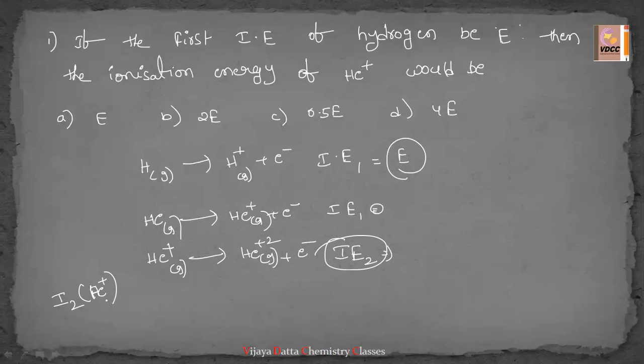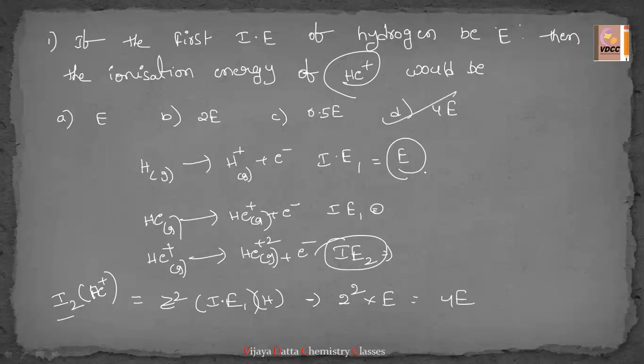The IE2 of helium plus ion will be equal to Z square into the ionization energy IE1 of hydrogen. For helium Z is 2, so 2 square into the ionization energy of hydrogen, which is E. So 4E will be the answer.